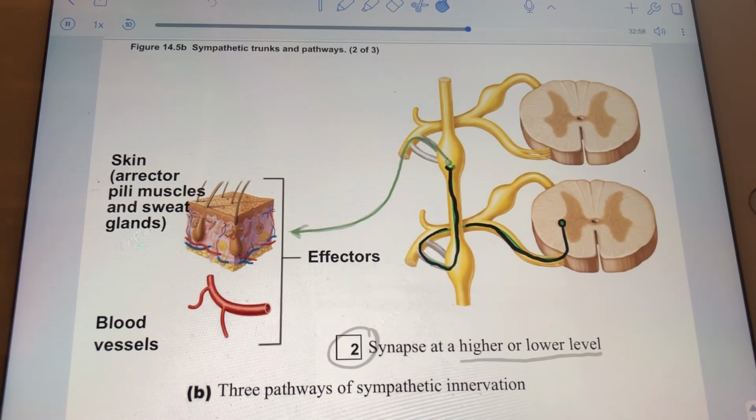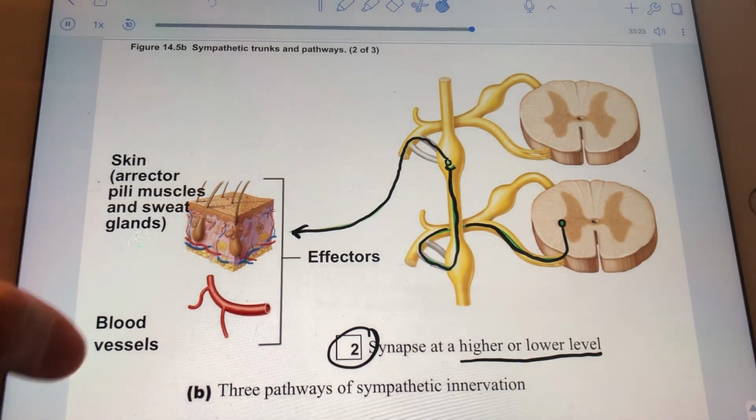And in this case, we're ascending, but we could have just as easily descended to a different sympathetic trunk ganglion, okay? And sure enough, here's the cell body of our postganglionic neuron, and its axon runs through the gray ramus communicans because it's non-myelinated.